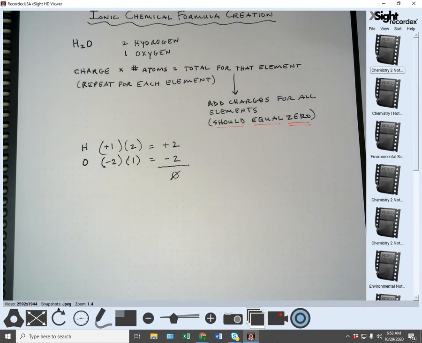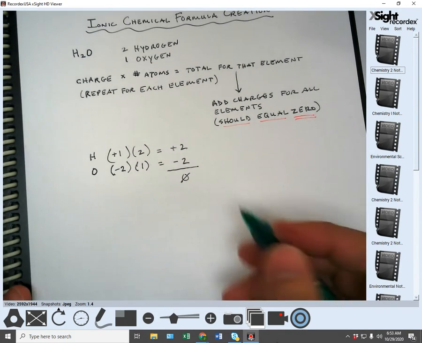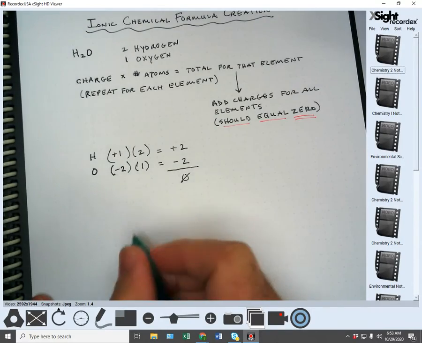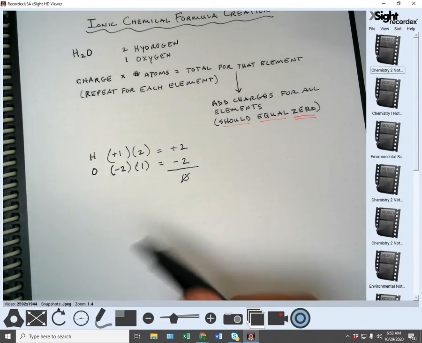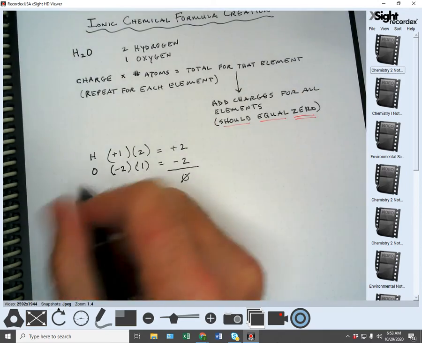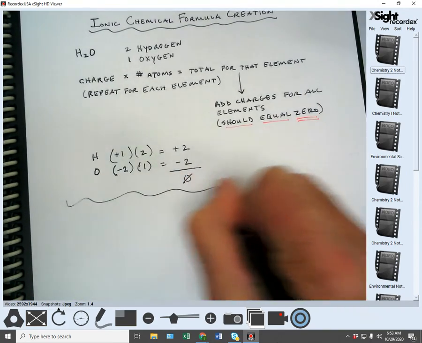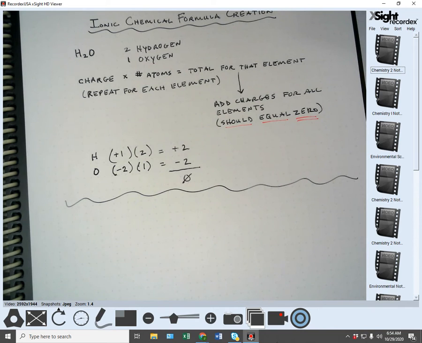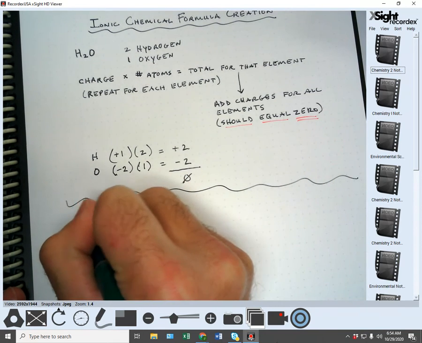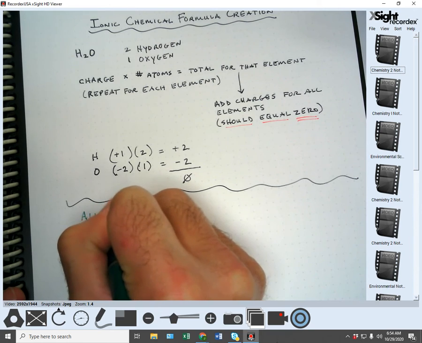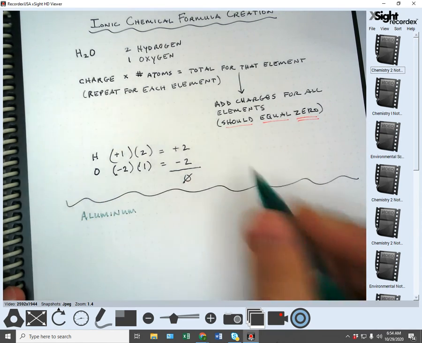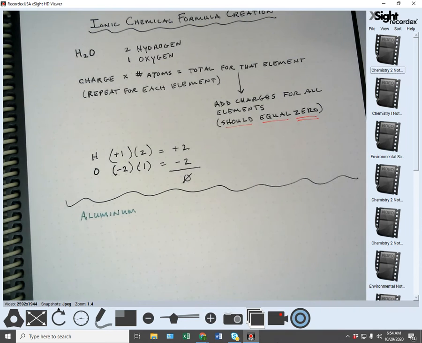So let's see. Why don't we do aluminum and sulfur.